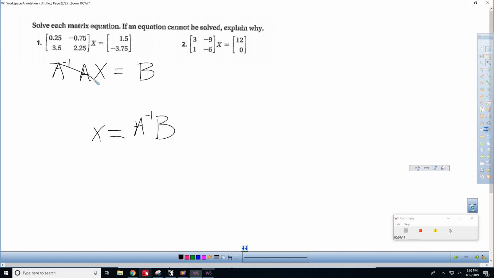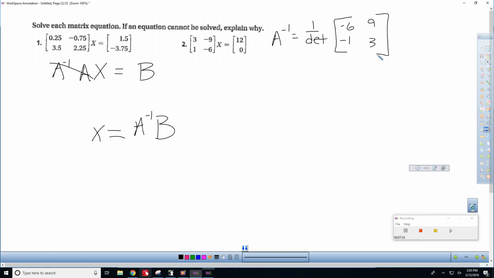And you get X is A inverse times B. Okay, so we just need to know A inverse. Well, A inverse is 1 over the determinant of, let's see, -6 and 3 switch. Make that a negative, make that a positive.